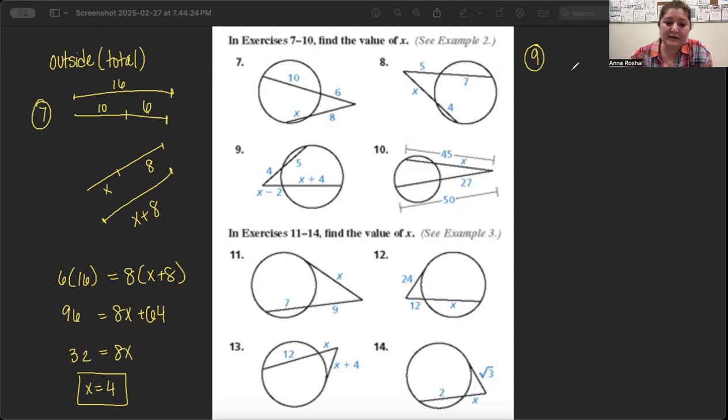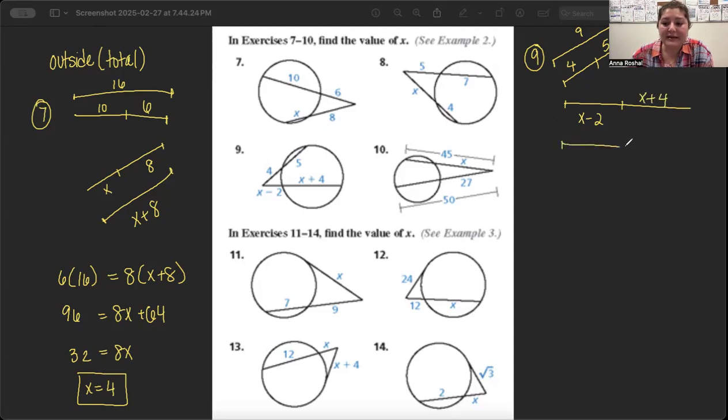If we're taking a look at this one, this line has 4 on the outside, right? And then I have a total of 9 as a whole, and I got the 9 because this portion is 5. For the other line, the outside portion is x minus 2, and the inside portion is x plus 4.